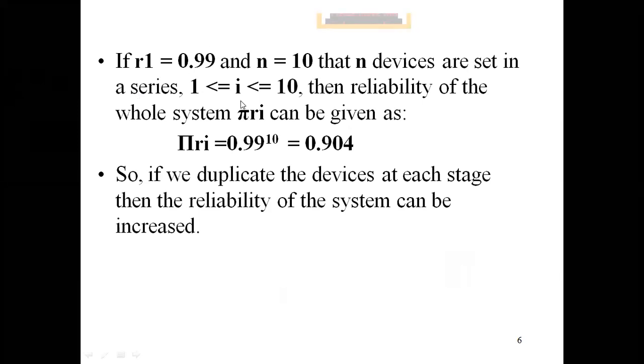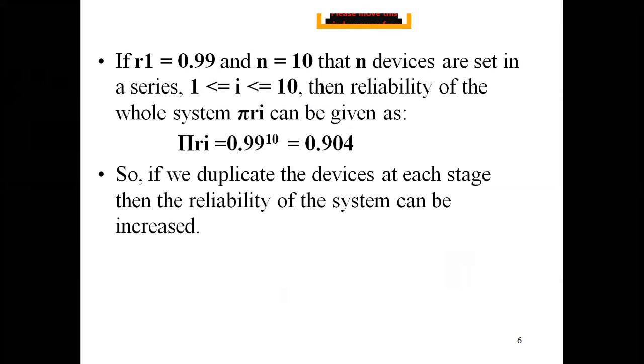What is the reliability of each device? That is 0.99. And how many devices are we taking? That is 10 devices, 1 less than or equal to i less than or equal to 10. We are taking the number of devices as 10 in our example.